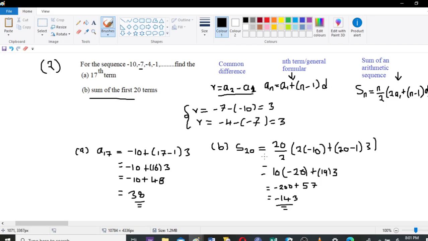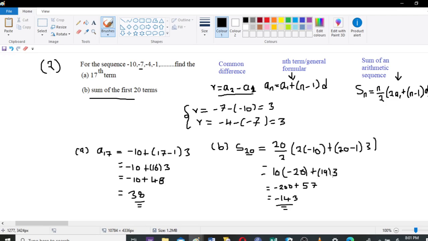You can go through and make sure we didn't make any mistake. We look here, we said our n is 20 in this case, so here is 20. 20 divided by 2, that's 10, right? Now 2 times negative 10, that's negative 20, plus 20 minus 1, that was 19, and 3 there.